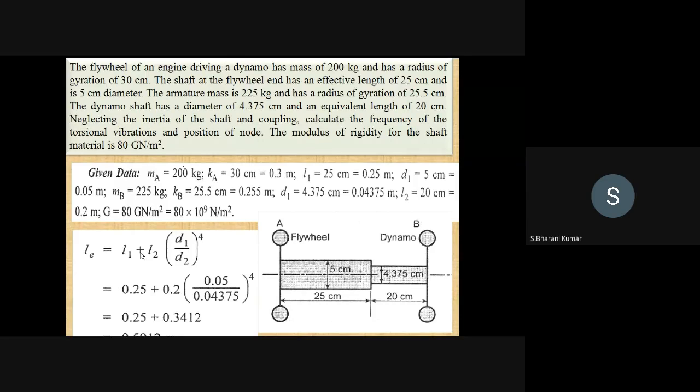Some other person will continue. Jyoti Shankar, you can continue from where your friend left off. Jyoti Shankar, unmute and continue. Jyoti Shankar, are you online?